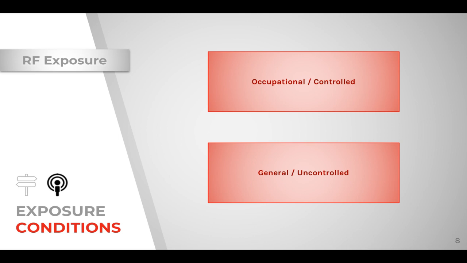In that case, there are more restrictive limits. So this is just here to explain that depending on your intended use case, you may have slightly more relaxed exposure limits if it's an occupational or controlled exposure condition for the product, or if it's general and uncontrolled.